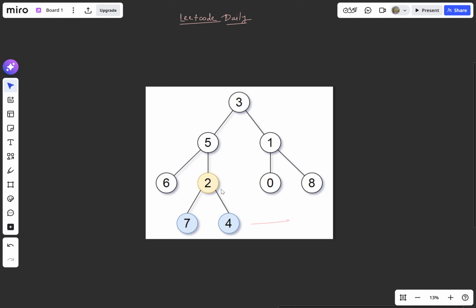The lowest common ancestor means the ancestor which is having all the leaf nodes as their children. So here 2 is having all their children, so 2 can be supposed to be the lowest common ancestor.